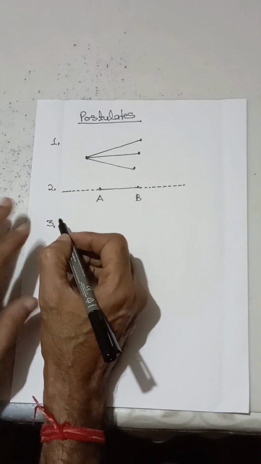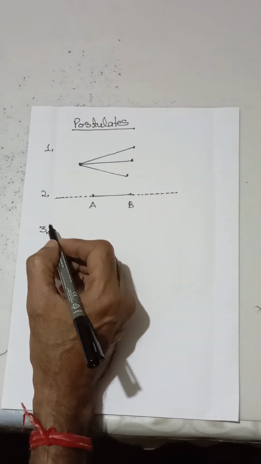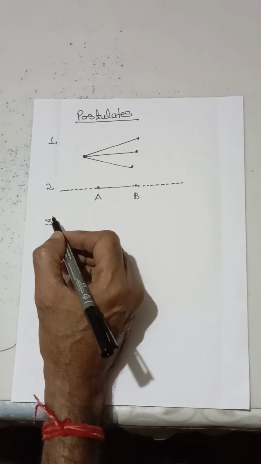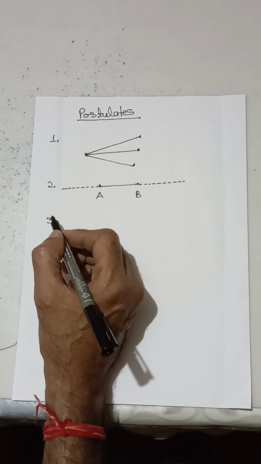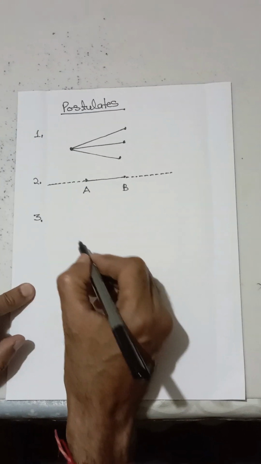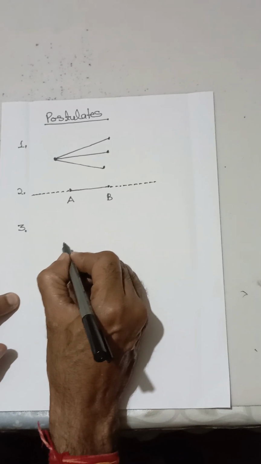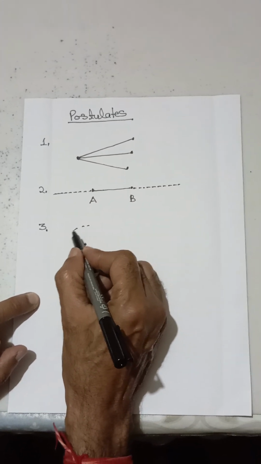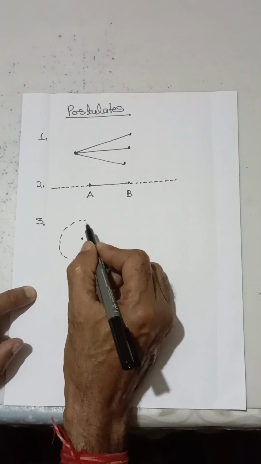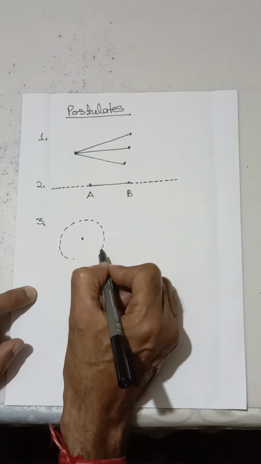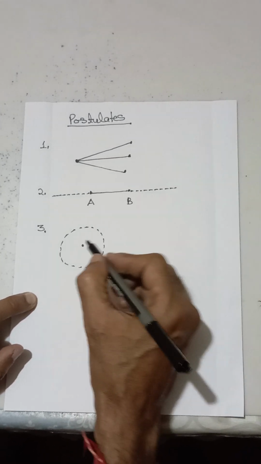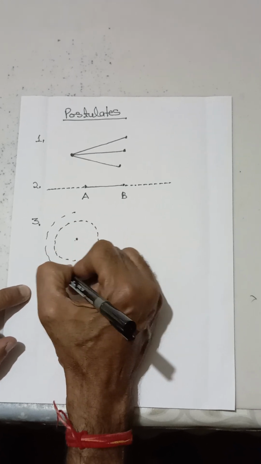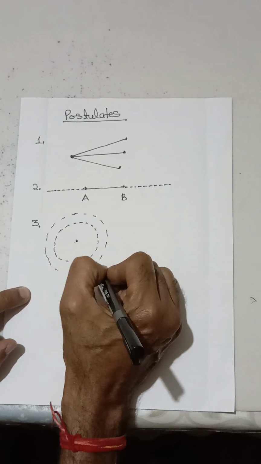Postulate 3. A circle can be drawn with any center and any radius. Suppose here is one center. By using a compass, we can draw a circle like this. We can draw an even larger circle from the same center with a larger radius.